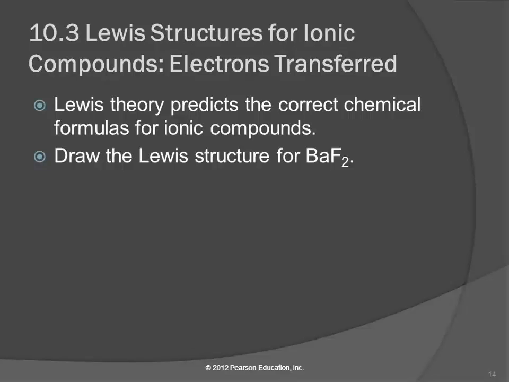So barium is Ba, and how many valence electrons does barium have? 2, thank you. Barium has 2. And the other element we have here is fluorine, and fluorine has 7 valence electrons.